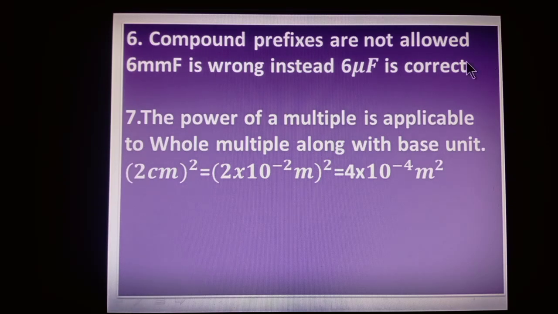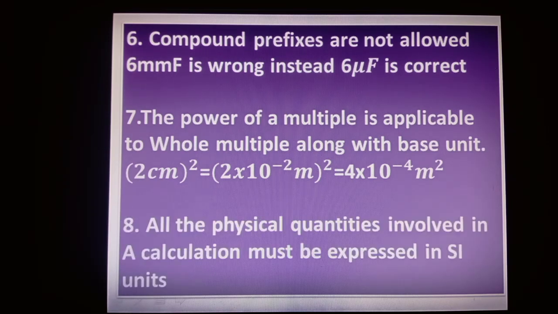And the last point to remember is that all the physical quantities involved in a calculation must be expressed in SI units. Means when you are calculating some value, all the physical quantities involved in that calculation or in the formula that you are using should be expressed in SI units.